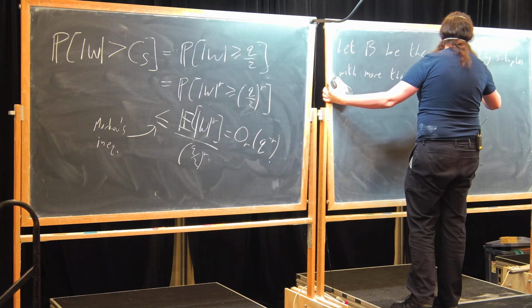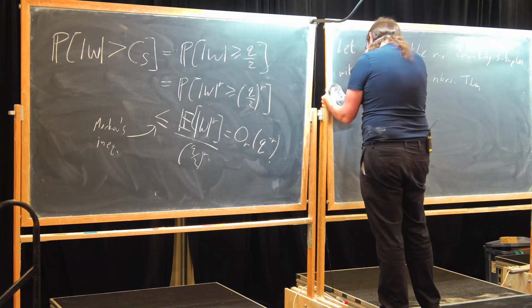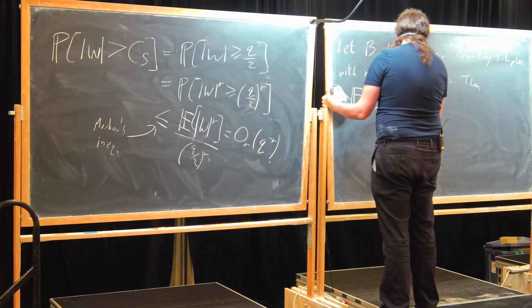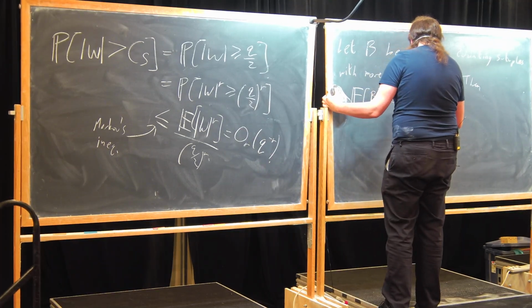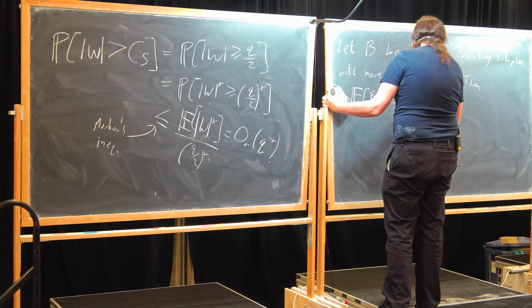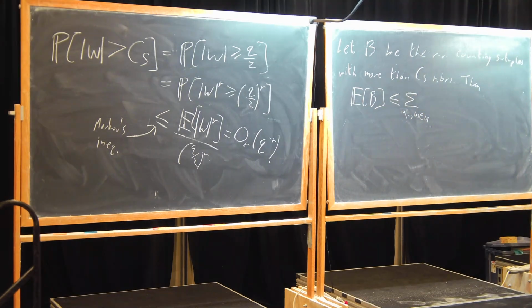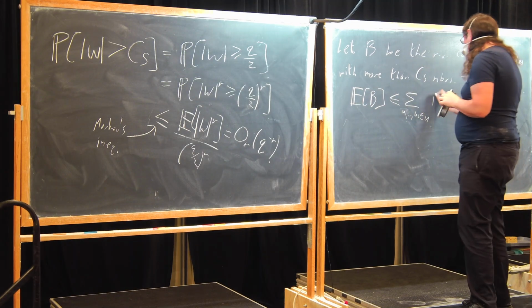Then the expectation of the size of this thing is at most the sum over U1 up to US in U times the probability that it's bad.